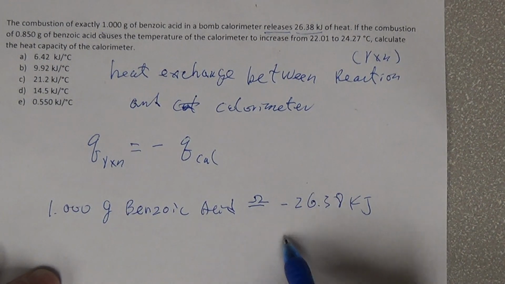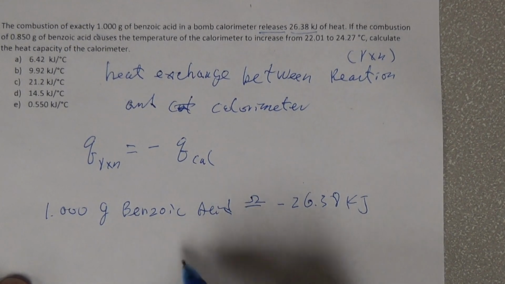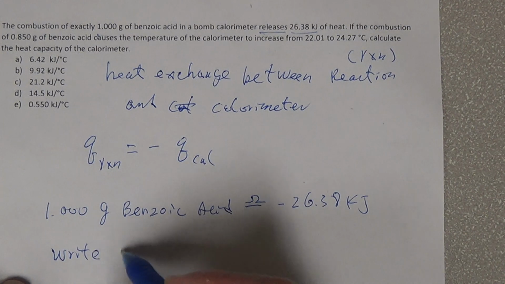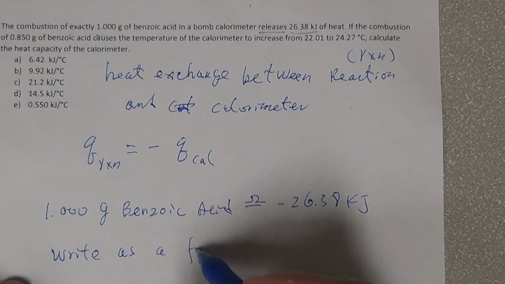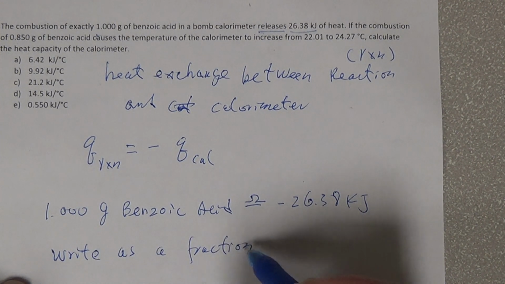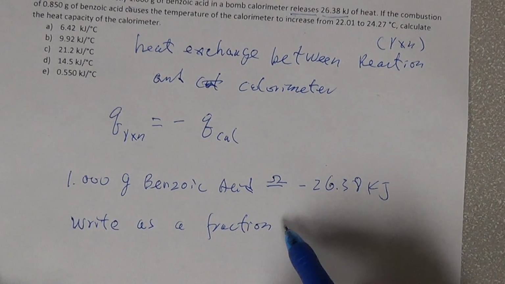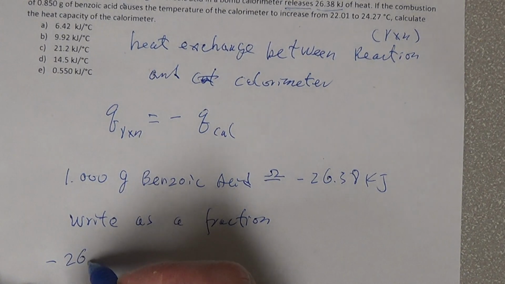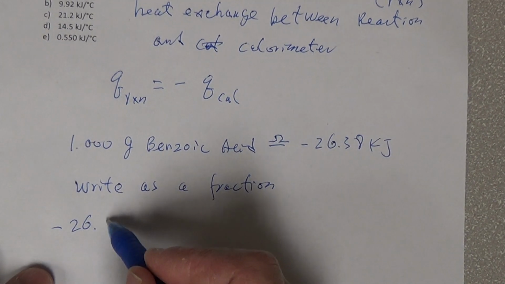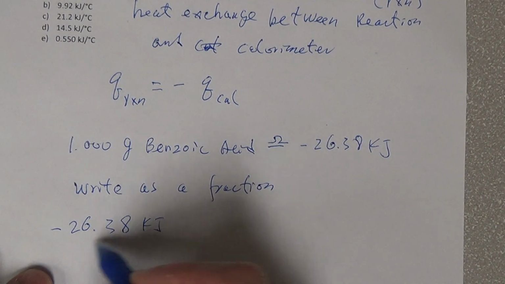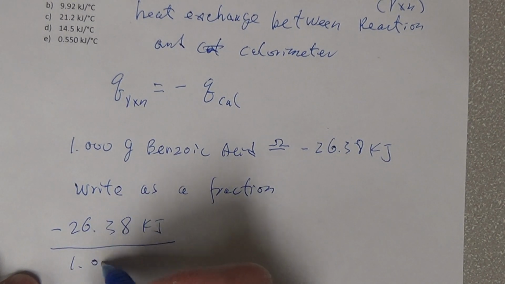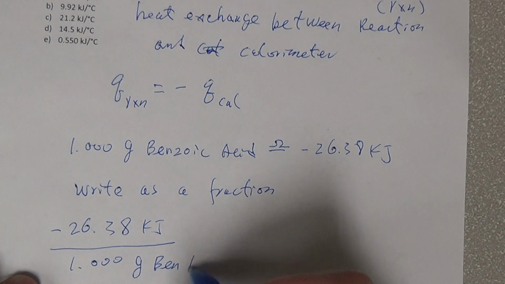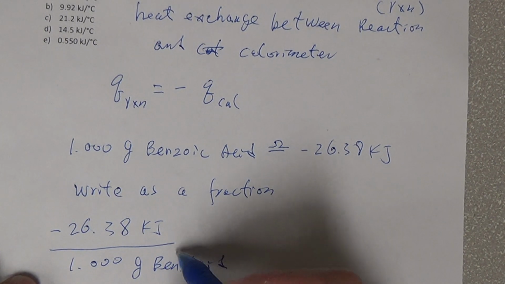So we write out this equation, and it can be written as a fraction. We can use the fraction for conversions. So we get negative 26.38 kJ per 1.000 gram of benzoic acid.